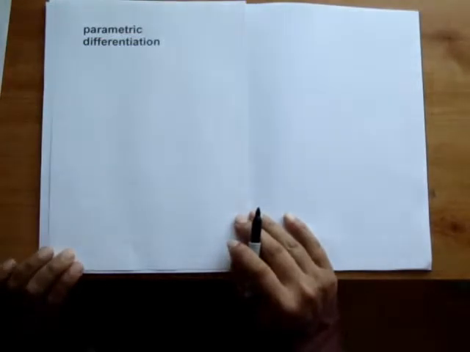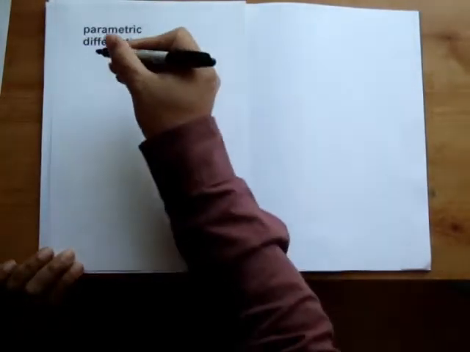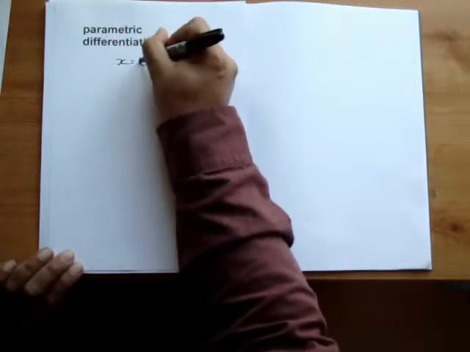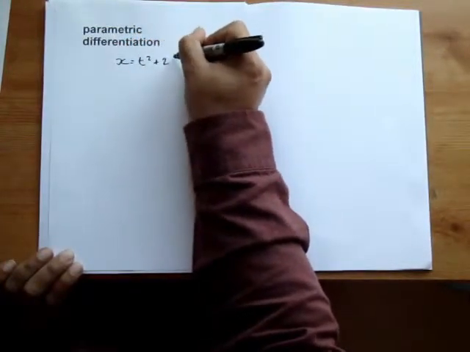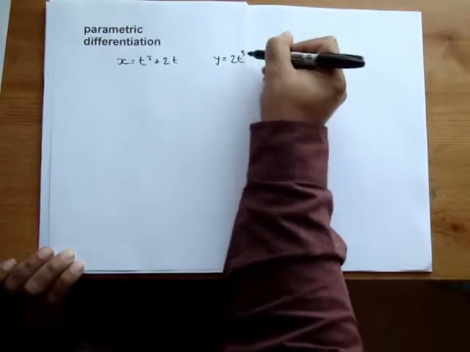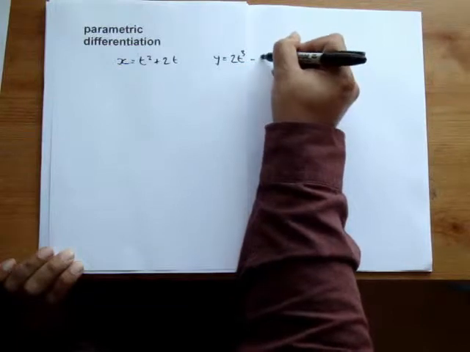Okay, let's have a look at another question. So if we had the parametric equations x equals t squared plus 2t and y equals 2t cubed minus 6t.